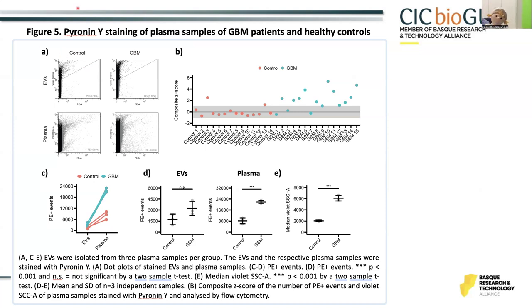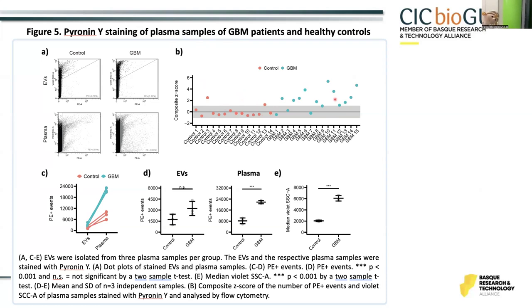So as you can see here, we analyze 14 control plasmas from healthy individuals, and 15 glioblastoma patient plasmas. As you can see, by this methodology that we developed, staining 1 milliliter of plasma with the pyronine compound, and going to the flow cytometer, during 30 seconds of detection, we can determine that in the case of the control we have very low abundance of pyronine positive signals.